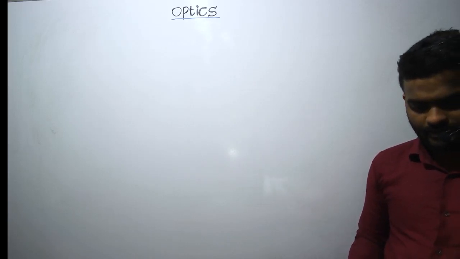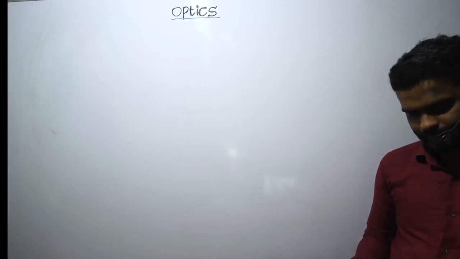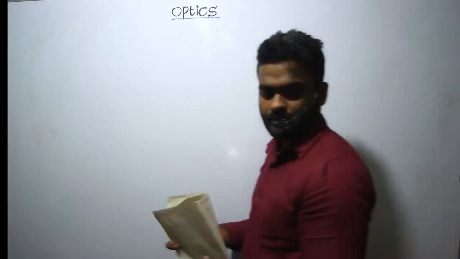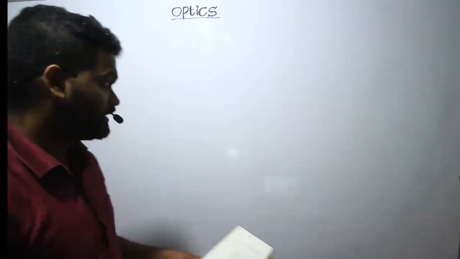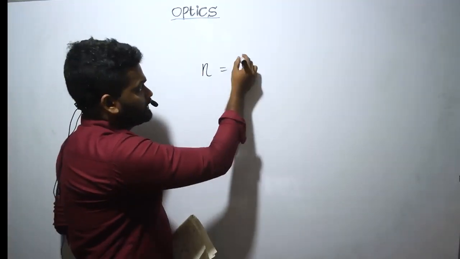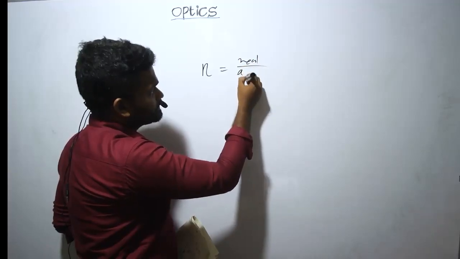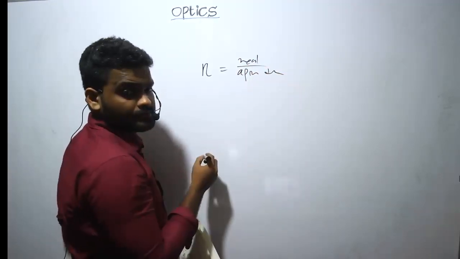Real depth is 12. Simple n equals real depth divided by apparent depth.